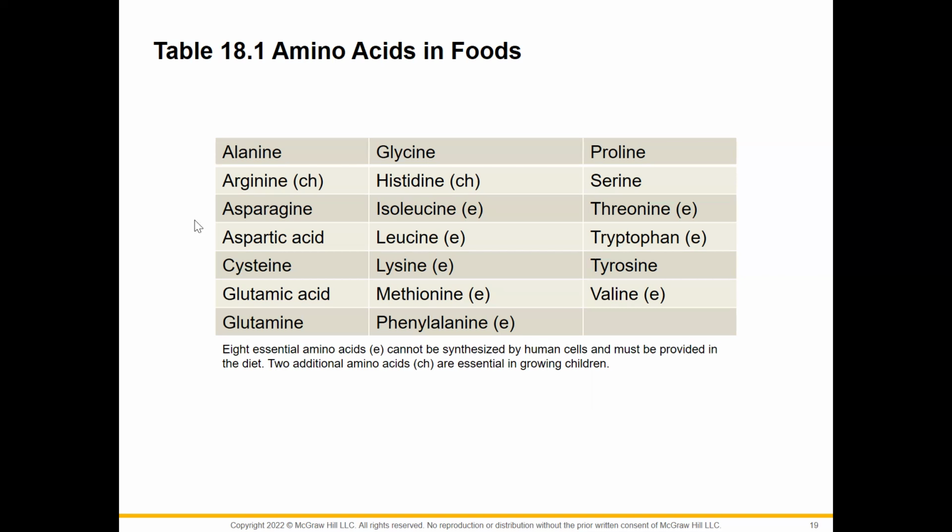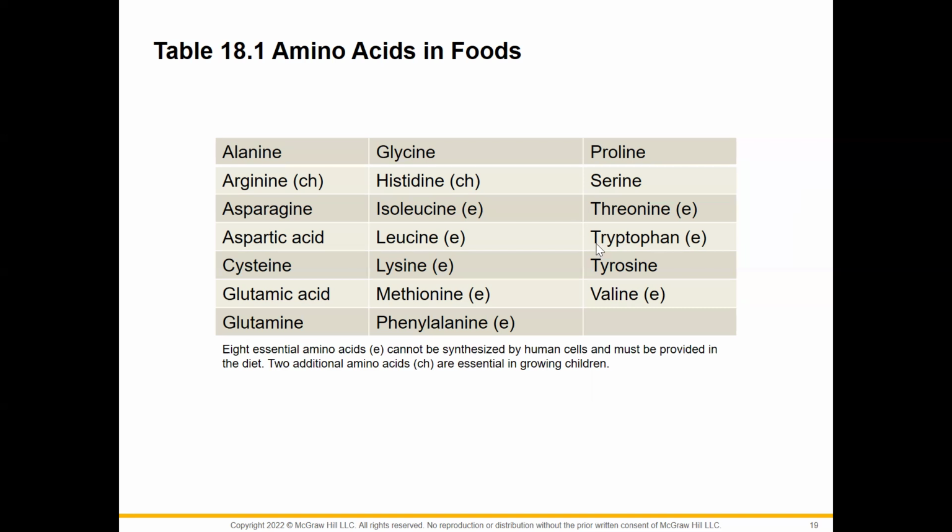If you've ever been a gym rat, if you ever start using supplements to help you build muscle and to perform better in the gym, then you may have actually seen some of these because these are the substances that they will sell in your branched chain amino acid formulas or your pre or post, especially your post-workout formulas. So that is what these are.